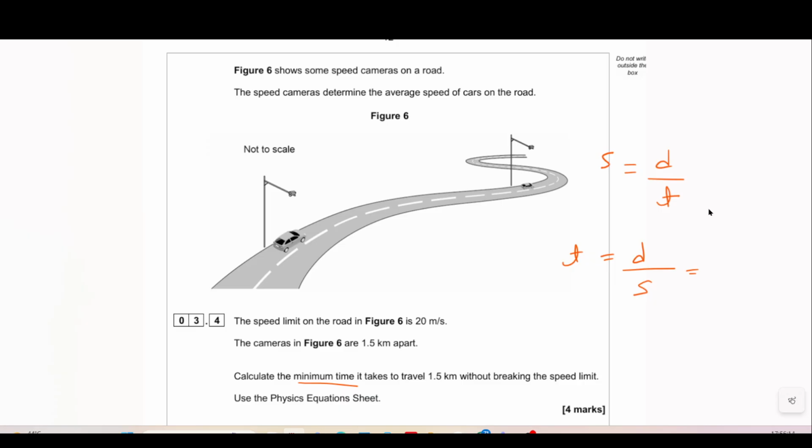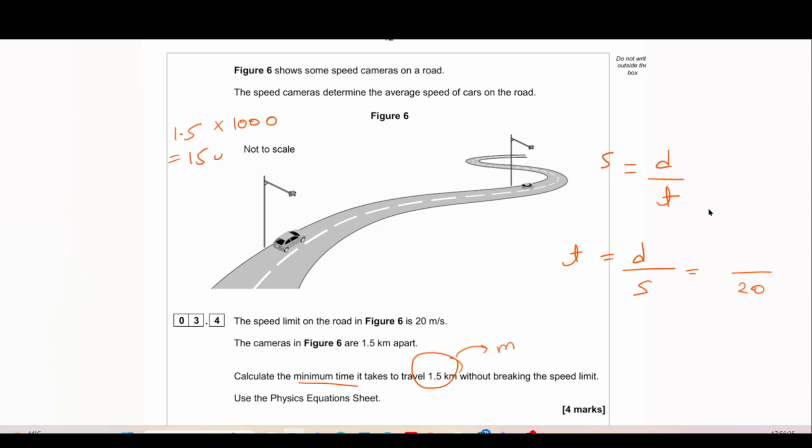So the speed equals 20 meters per second. Check the unit of distance. Should I change kilometers into meters? Yes.